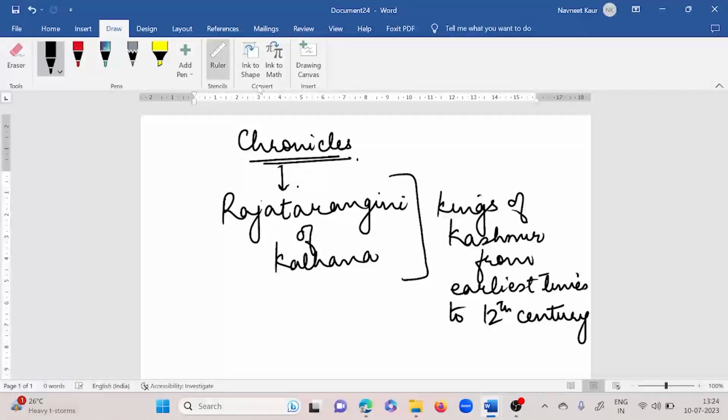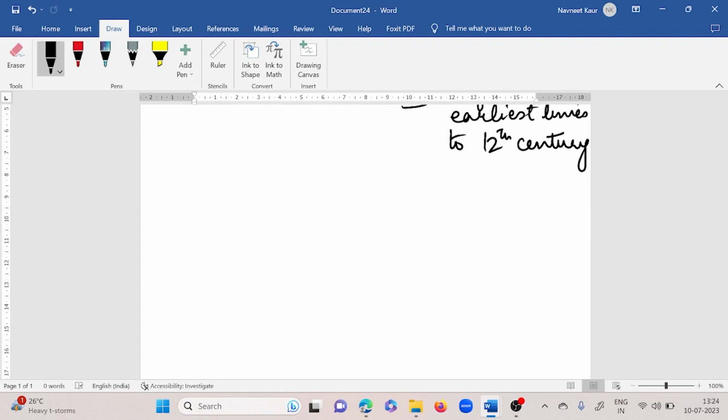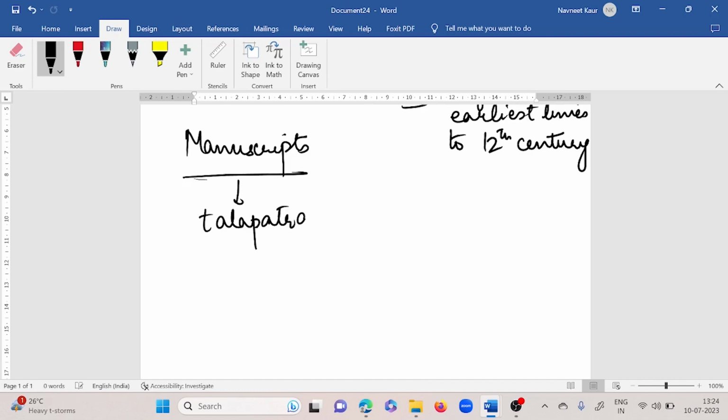So then we have some manuscripts called Talapatras, written in Sanskrit.